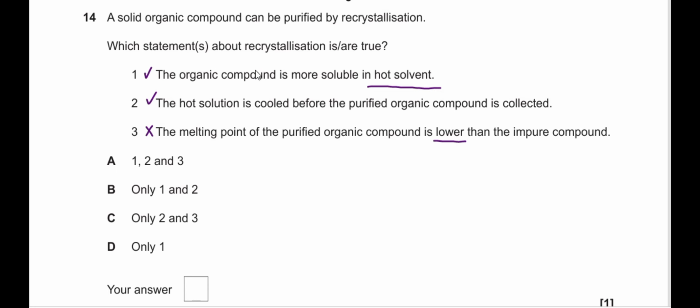Hence, the melting point of the purified organic compound is higher than that of the impure compound. But watch out, the boiling point of an impure compound, if the impurity is not volatile, will be higher than the boiling point of the pure compound. Therefore, only statements 1 and 2 are correct here, and therefore the correct option is B.